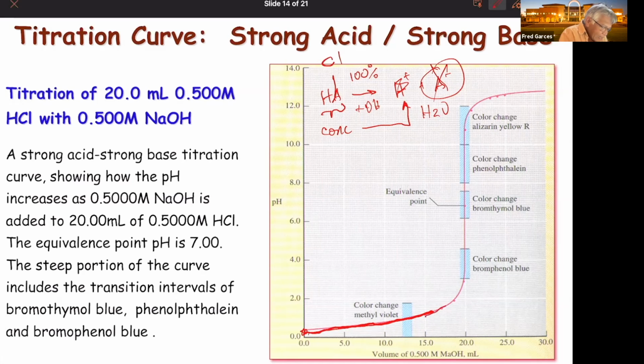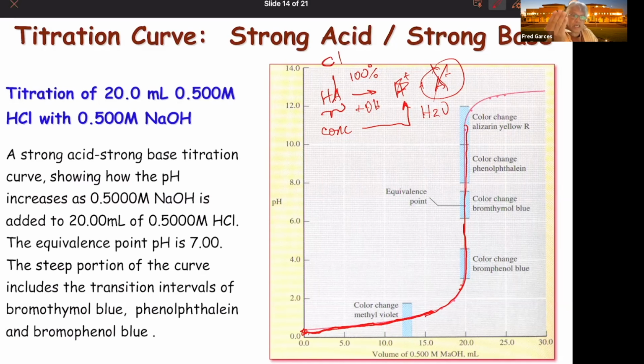And then you're going to get to a point where you have probably about a few moles of acid remaining, and when you add a few moles of base, that changes the concentration dramatically, and so you get a sharp change in the pH. You go from the hydronium ion being the dominant species to the hydroxide ion being the dominant species.